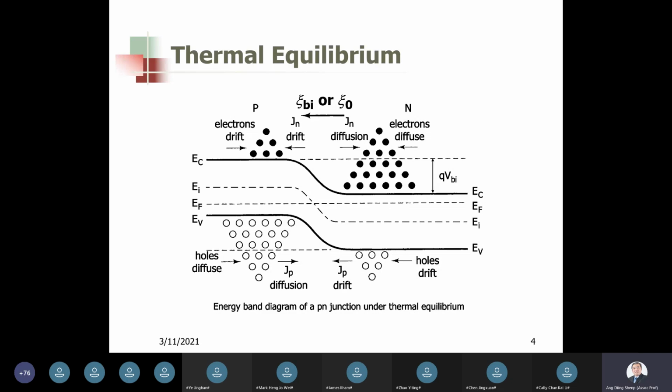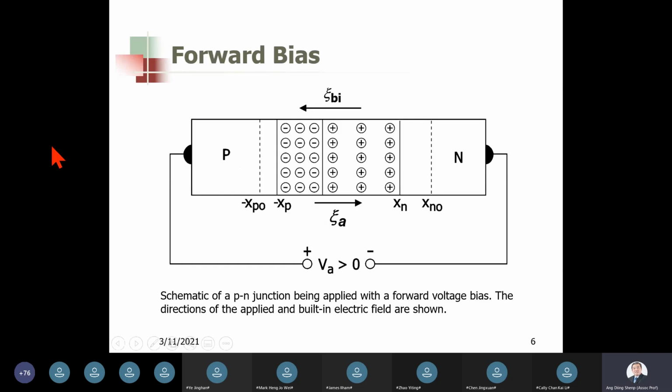Now, with that, you can appreciate why people have come up with this term quasi-neutral to describe a PN junction under an external voltage bias. So let's take the forward bias as an example. Under forward biasing, the applied voltage can be assumed to drop almost entirely across the space charge region.